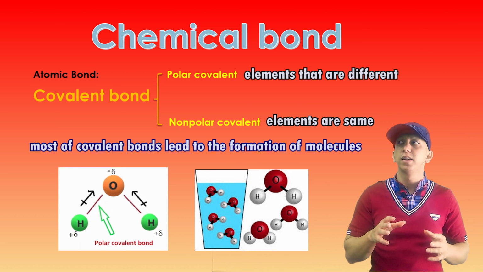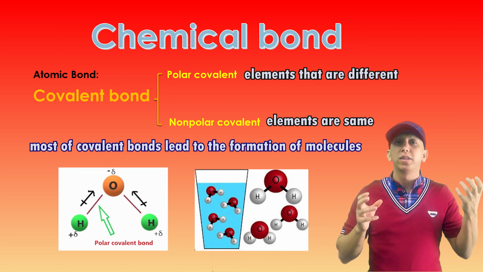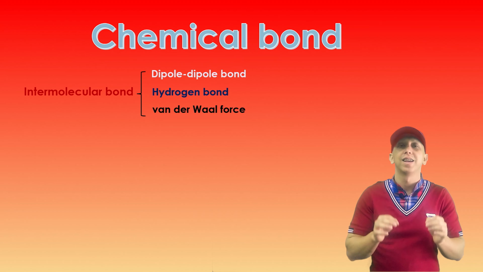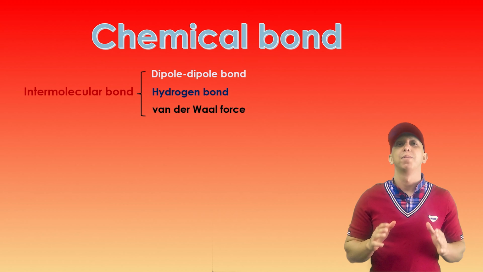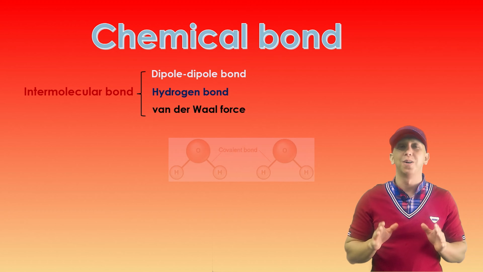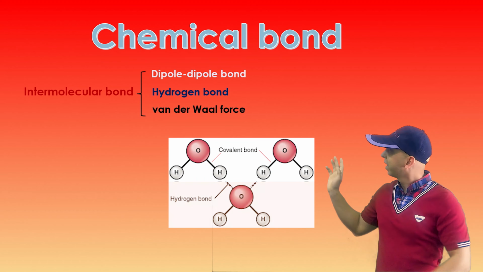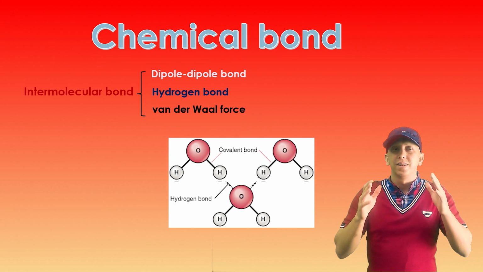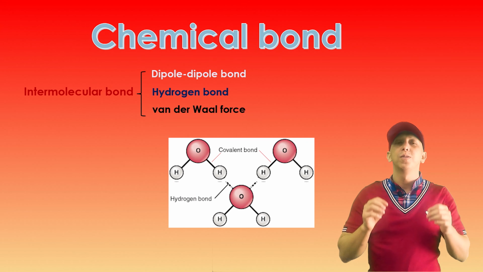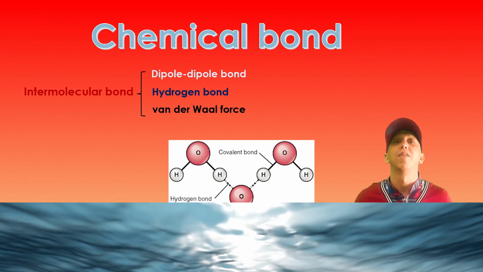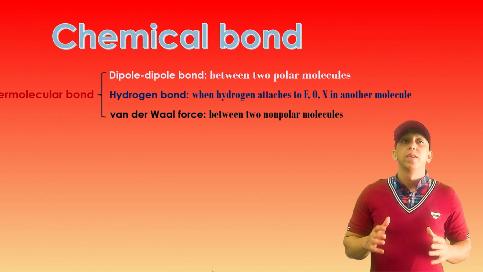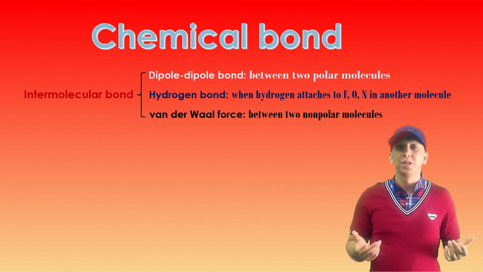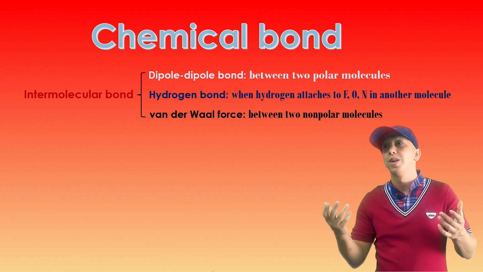But what is the energy that attaches two water molecules to each other? It is an intermolecular bond that attaches these two molecules. For example, when we have two H2O, an oxygen from a molecule will attach to hydrogen of another molecule. And this story will continue till we see an ocean of water. Intermolecular bond can attach two polar molecules or two non-polar molecules or one polar to a non-polar.